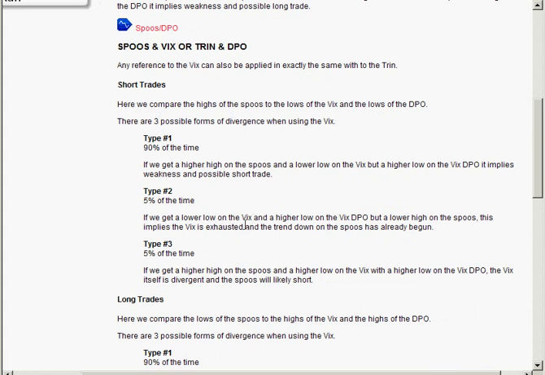The first kind of divergence we're going to see is a type 3, where we get a higher high on the Spoos, a higher low on the VIX, and a higher low on the DPO.